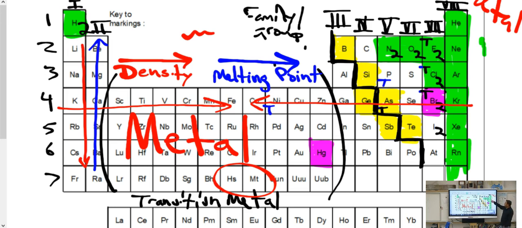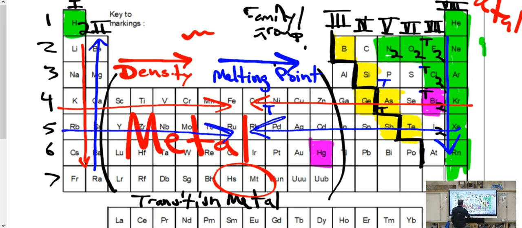In non-metals, the melting point increases as you go down. All right. Now, the side to side is the same. For melting, it still increases as we go towards the middle.